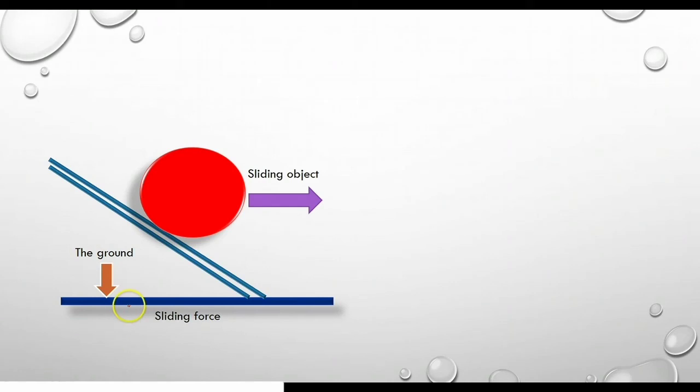Here we have the ground and then there is an object placed on a slope, as indicated over here.